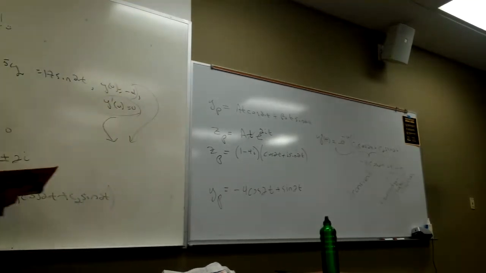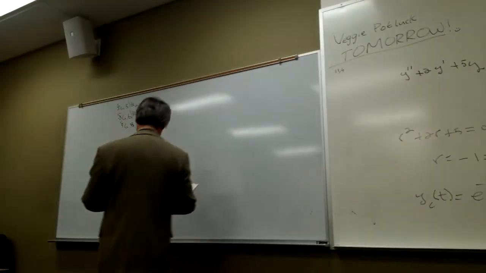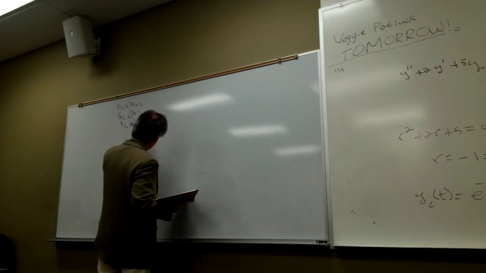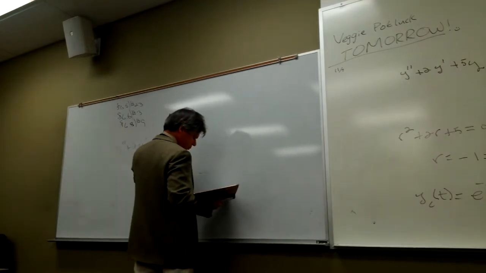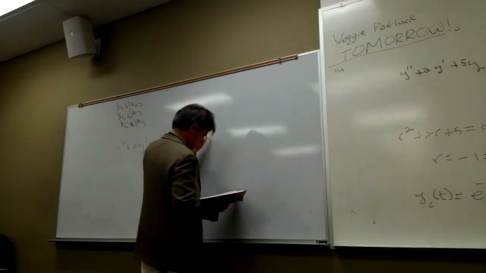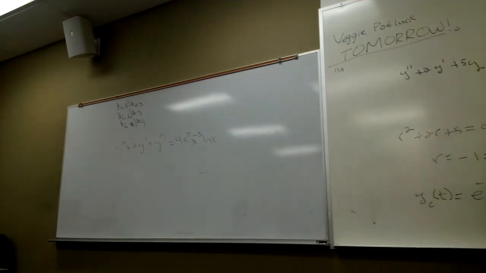Where I have y double prime plus 2y prime plus y being equal to nasty business. Oh, jeepers. The author adds this, that x is strictly positive. Why did he say that? Wait, this is 6.8, number 9?